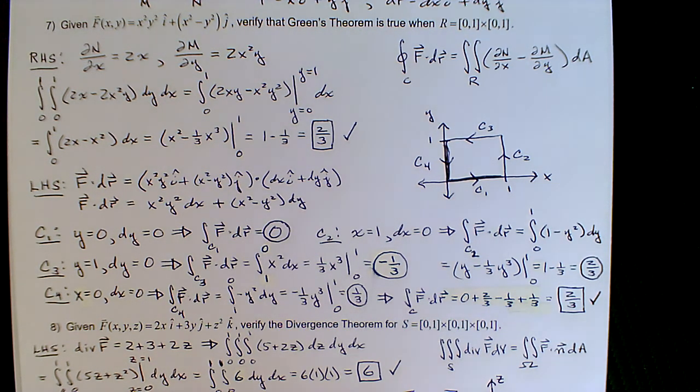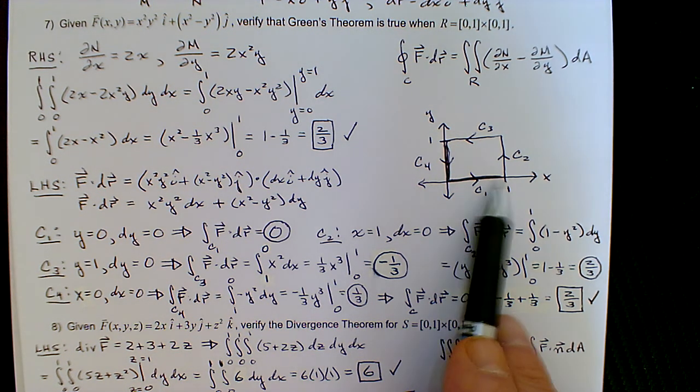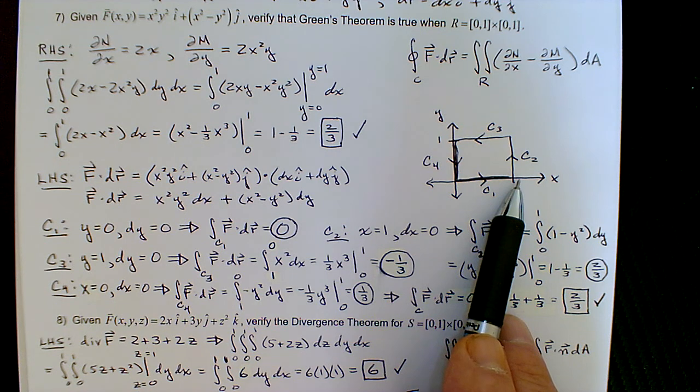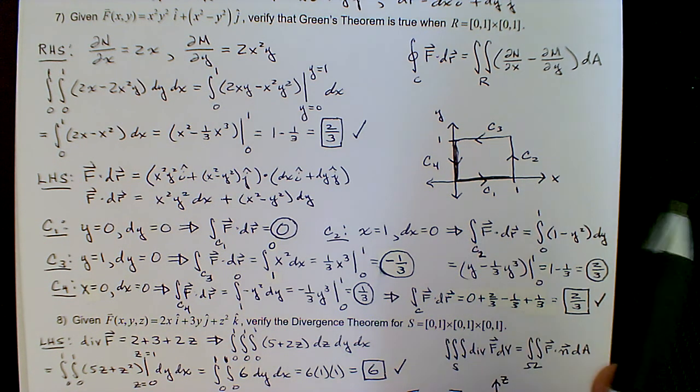And then the same procedure as in that last example, where when you move along one of these line segments, you have to make sure you know what variable is constant and what differential is going to be 0.